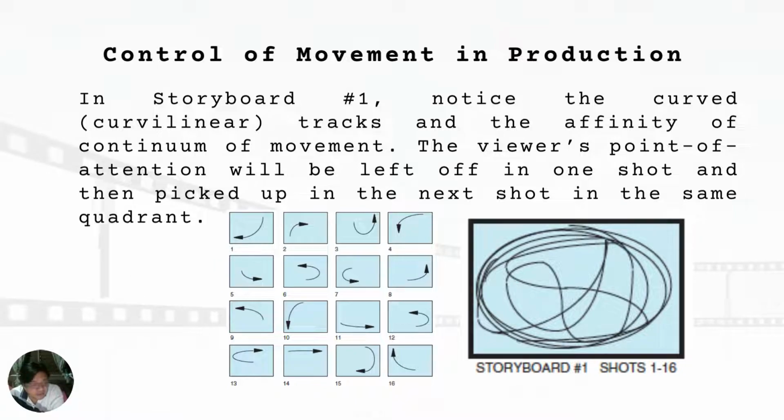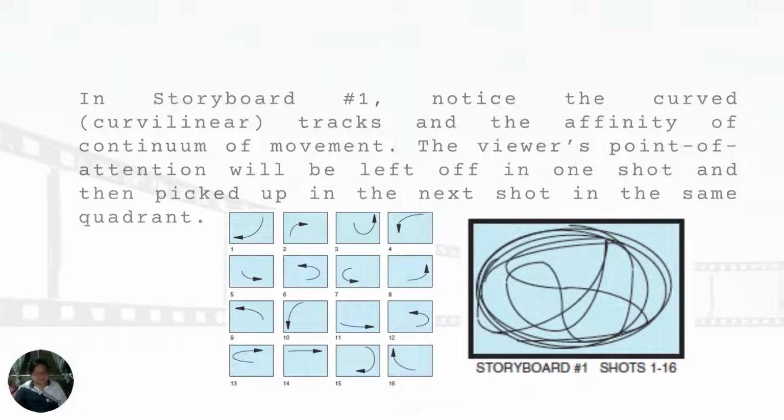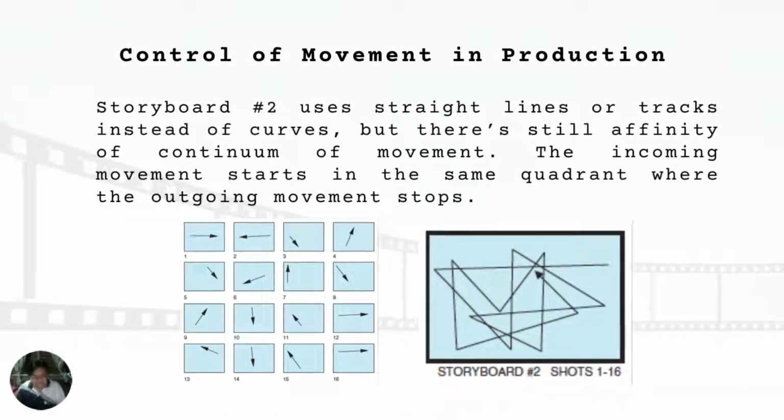Now, the affinity of continuum of movement reduces visual intensity and makes the transitions from one shot to another smoother. So, it creates a more relaxed feel if you just follow the tracks. Even if it's done in cuts, diba? Even if it's done from shot to shot, if you follow the movement, then you create a smoother effect.